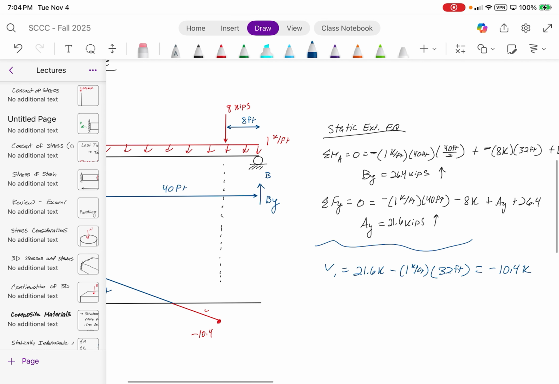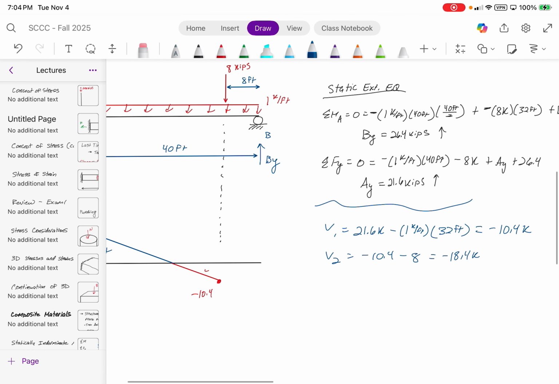From here, calculate the next point, V2, which is just going to be negative 10.4, and account for the 8 kip force, negative 18.4 kips. So that drops by about 8 kips, bringing us to negative 18.4.